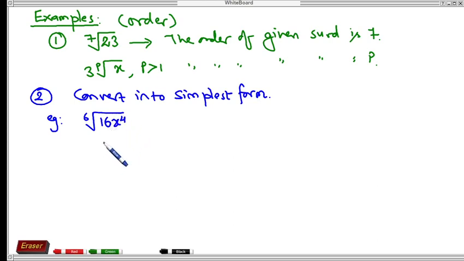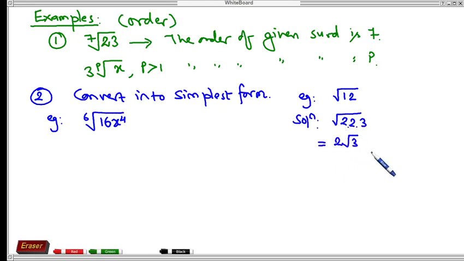Now how can we convert into simplest form? Before this, we have given root 12. Solution, we have to factorize: 2 times 2 times 3, 2 to the 4, 3 to 2, 12, and we should take 2 out, and this is the simplest form, because we can break in this way.